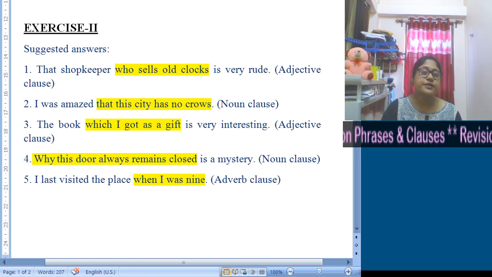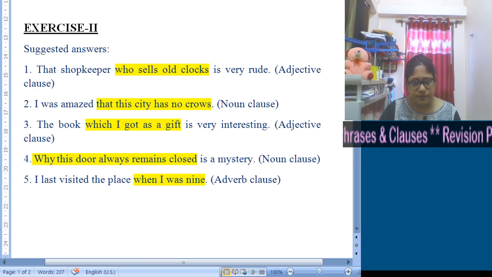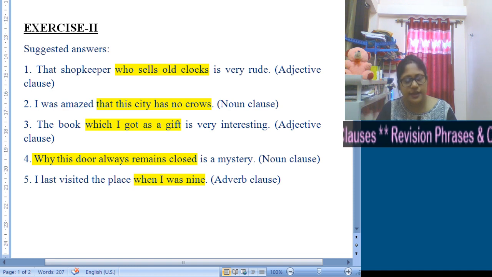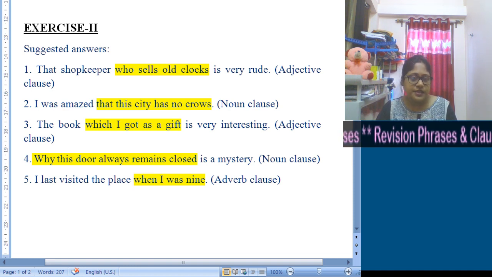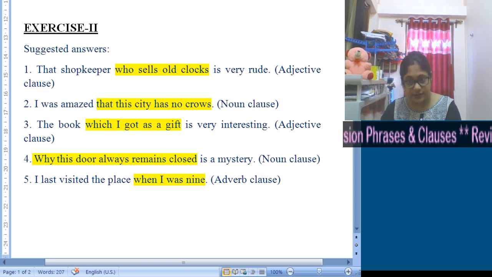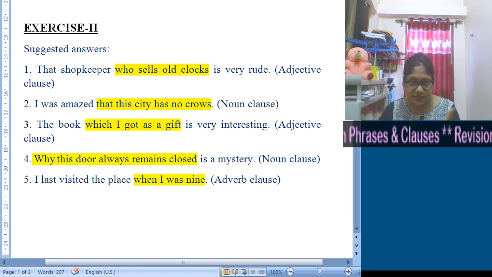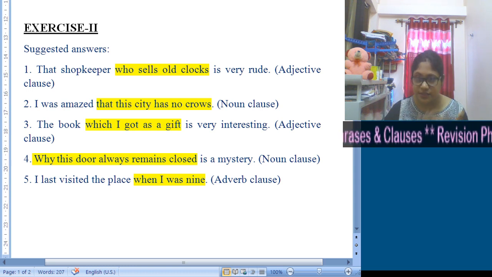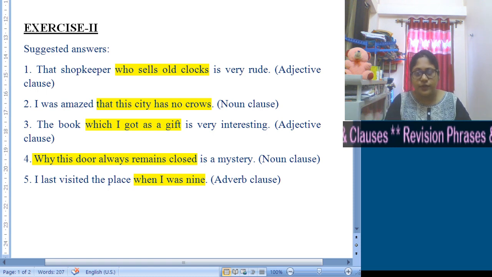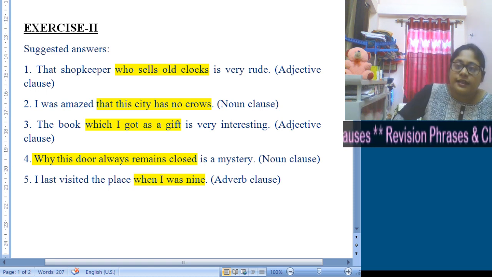Next one, I was amazed dash, then we were asked to provide a noun clause. So here the suggested answer is, I was amazed that this city has no crows. Generally we find crows everywhere in cities, but I was amazed that this city has no crows.